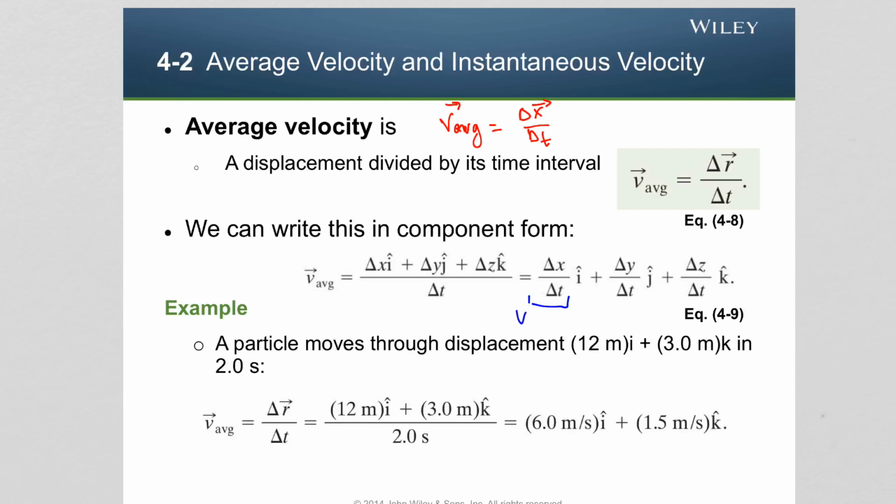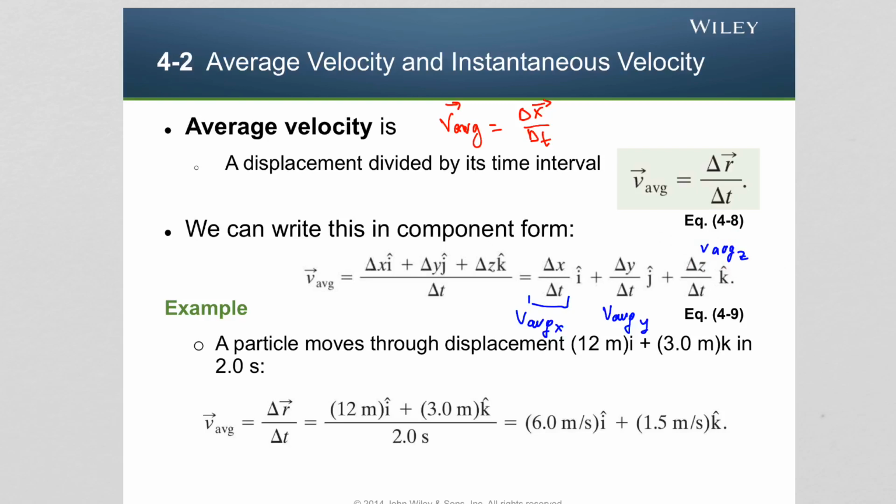So here we have the average x, this is the average y, and this here is the average z. So these are the components of the average velocity in x, y, and z direction.